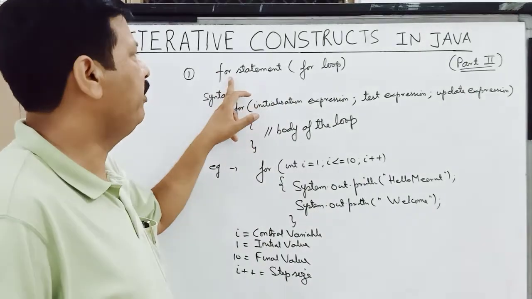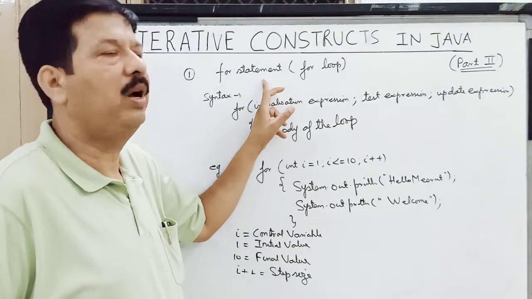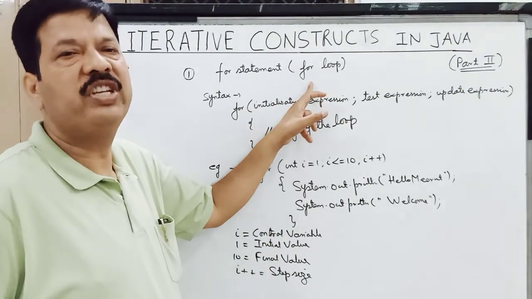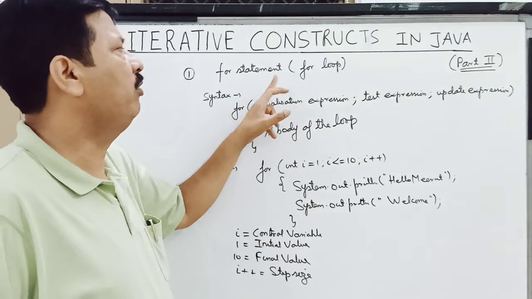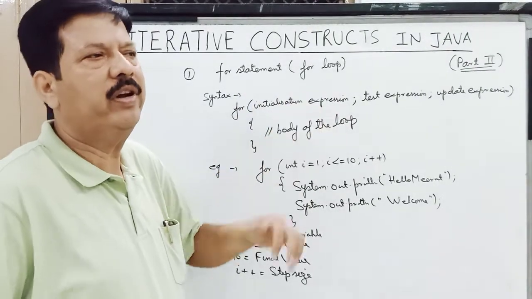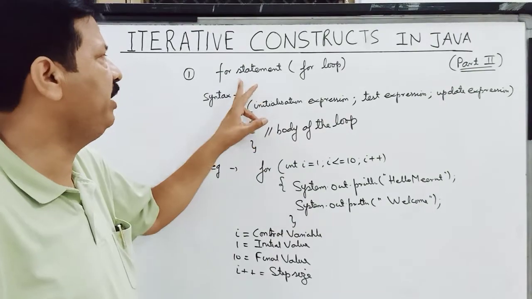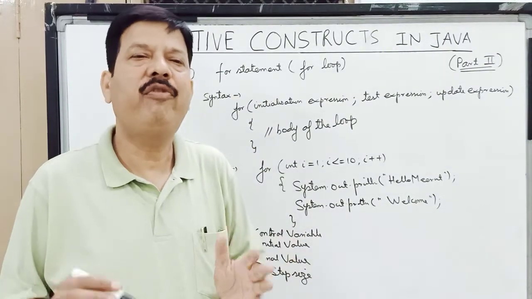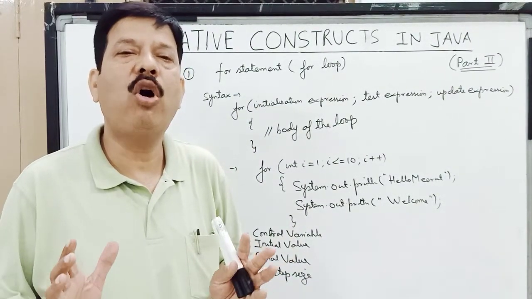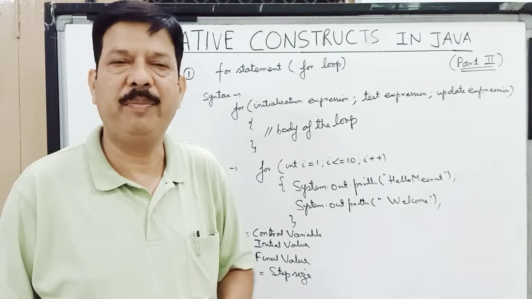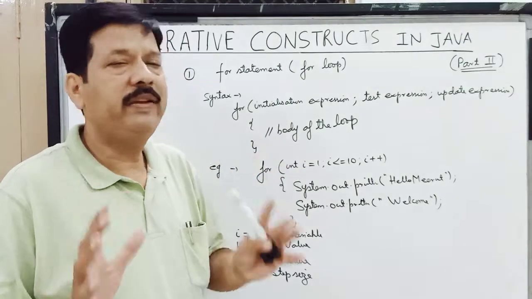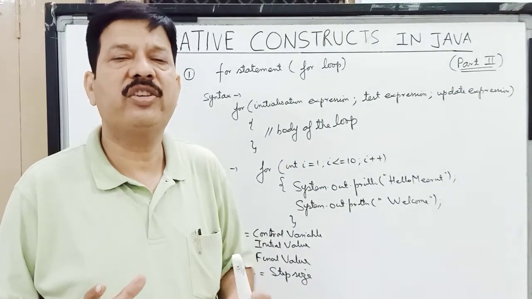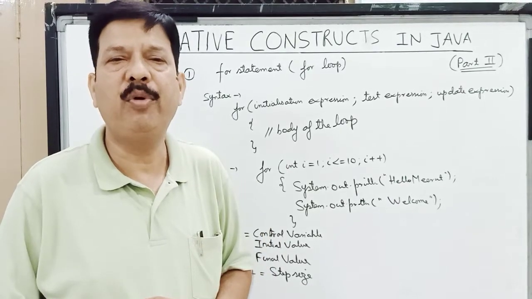Now children, since this for statement is going to form a for loop, which is a fixed loop, we also call it a for loop. Regarding the for loop or for statement, we say that the for statement is an automatic looping statement, and it is used to structure fixed loops in the program.